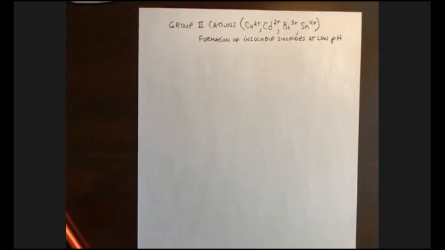Don't forget that copper and tin are metals that form other kinds of ions, but we're only going to study these two. What characterizes group 2 cations is the formation of insoluble sulfides at a low pH. That's what allows them to be separated, okay?